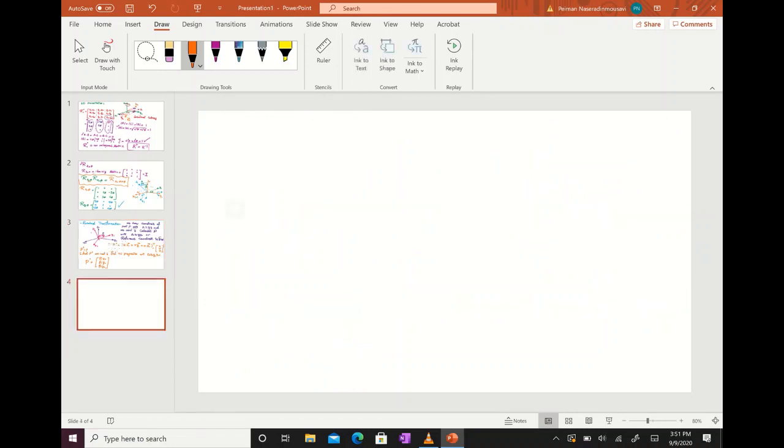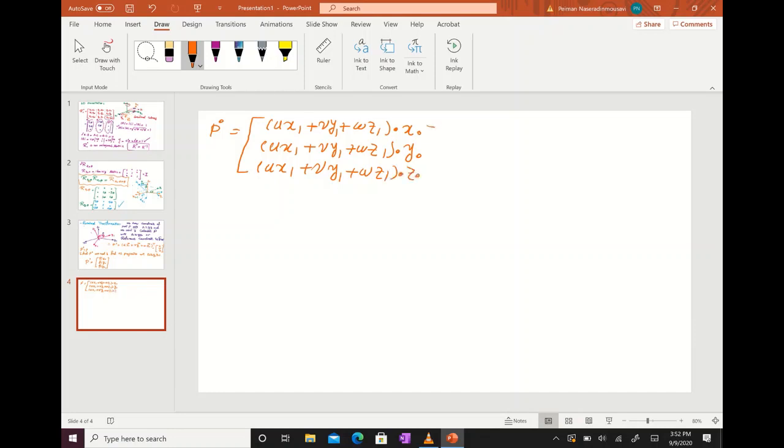So P naught is going to be UX1 plus VY1 plus WZ1 directional cosine in X naught; again, UX1 plus VY1 plus WZ1 directional cosine, the inner product, in Y naught; and UX1 plus VY1 plus WZ1 in Z naught.